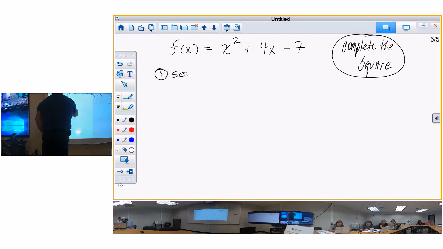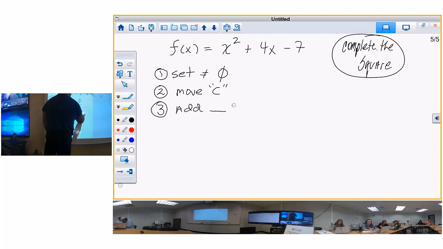Okay? So, first thing, set equal to 0. 2, move c. 3, add blanks. 4. Four is important.